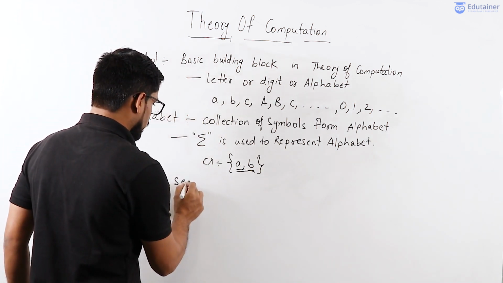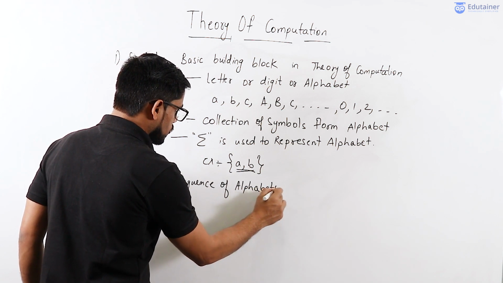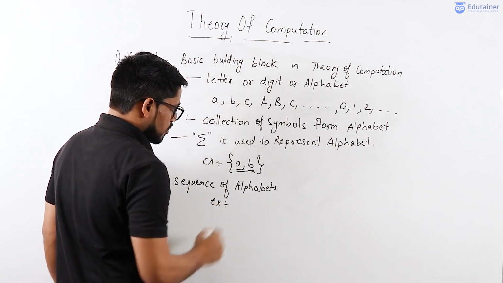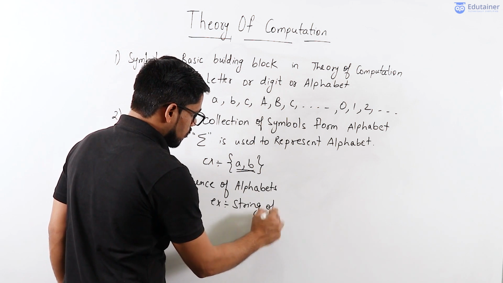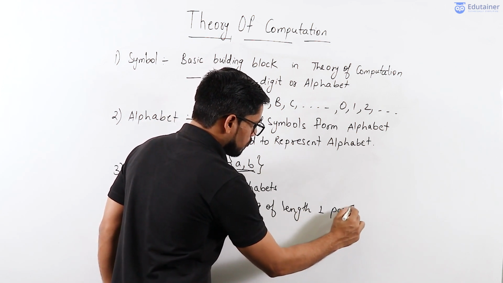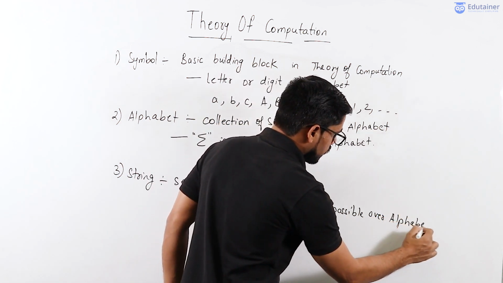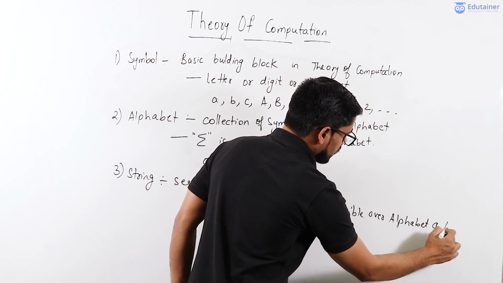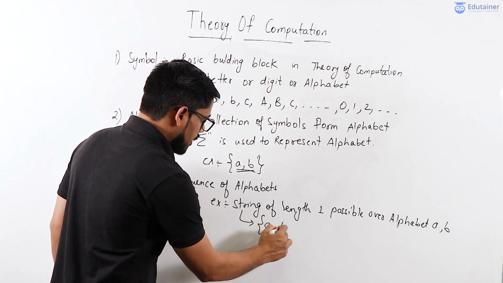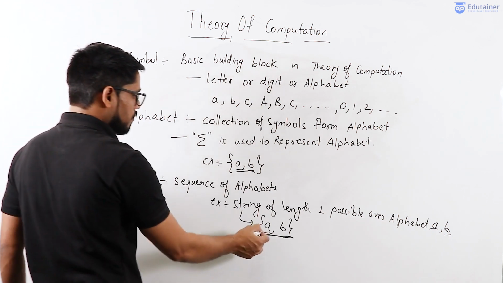So a string is nothing but a sequence of symbols from the alphabet. For example, strings of length 1 are possible over the alphabet {a, b}: a and b. So these are the strings for the particular alphabet a, comma b, and they are of length 1.